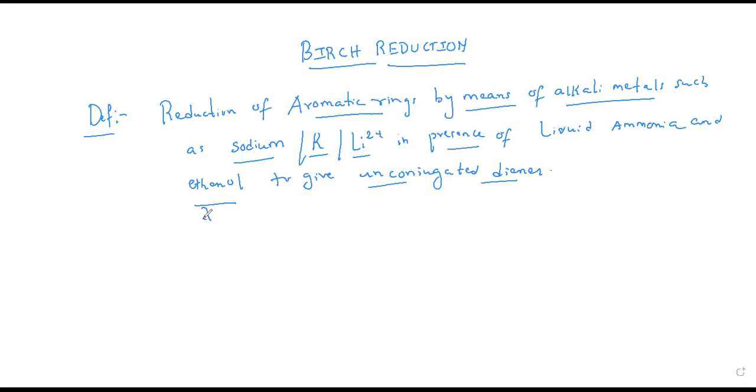Here ethanol acts as a proton donor. The main purpose of using ethanol in Birch reduction is that it works as a proton donor. It will donate some protons or hydrogen atoms.